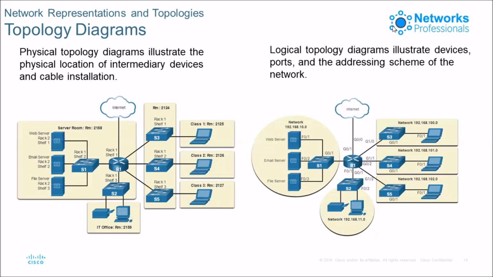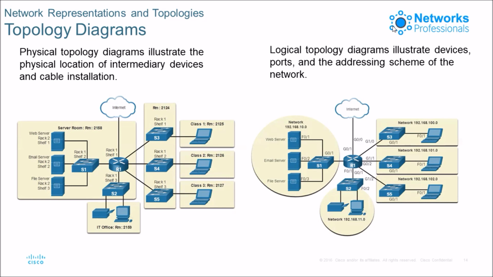There are two types of topology diagrams as shown in the figure. Physical topology diagrams illustrate the physical location of the intermediary devices and cable installation, as shown in the figure. You can see the room in which these devices are located, labeled in this physical topology.